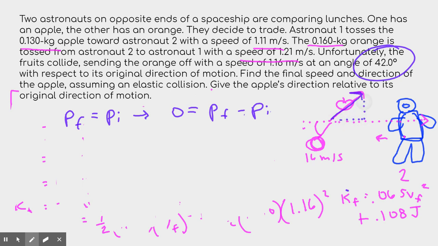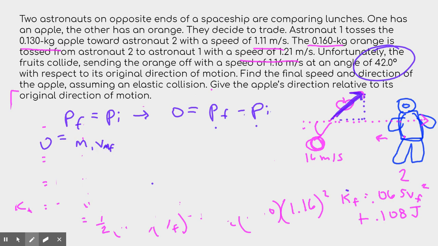Okay, here is what we have. We already found what this was equal to, so we know what this vector is. And we're going to end up replacing the momentums. So 0 equals m1 v of the first fruit, or the apple.